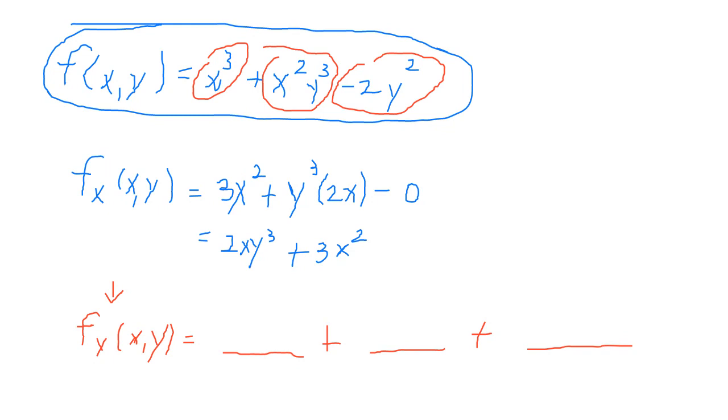If I hold the x constant, what's the derivative of x cubed? Good, 0. If I hold the x constant, what's the derivative of x squared y cubed? It's going to be x squared, because that's held constant, times 3y squared.